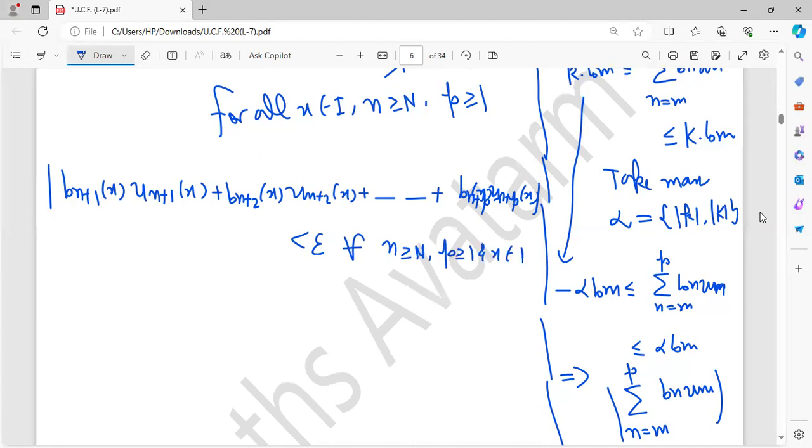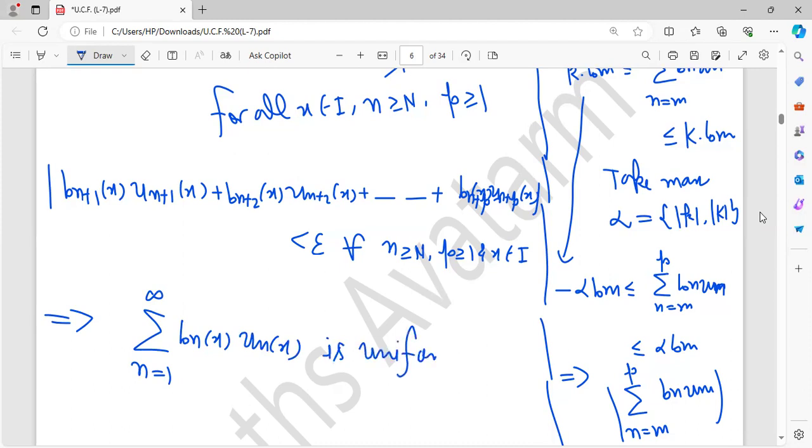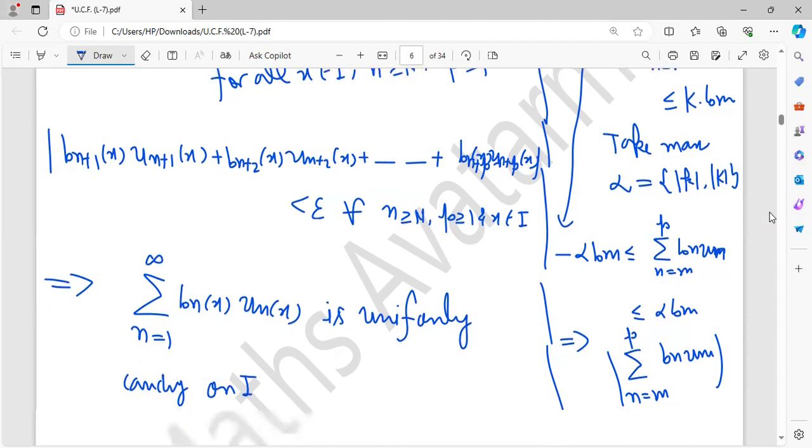So it means this series, summation n goes from 1 to infinity b_n(x) u_n(x), is uniformly Cauchy on I. So this is uniformly convergent.